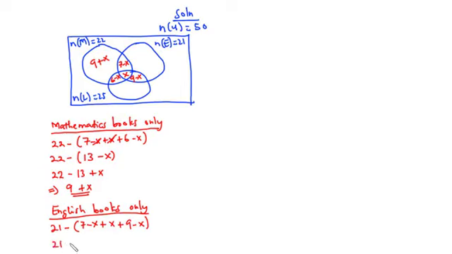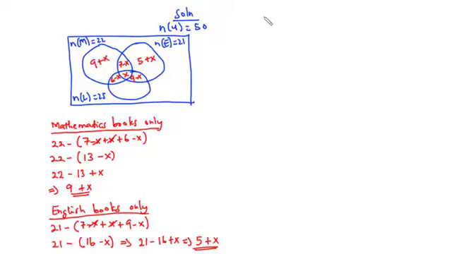So we have 21 minus, now 7 plus 9 is 16. So 16, negative x cancels positive x. We are left with negative x. So we have 21 minus 16 plus x, which is, now 21 minus 16 is 5. So we have 5 plus x. So this is the expression for the number of students who had only English books.